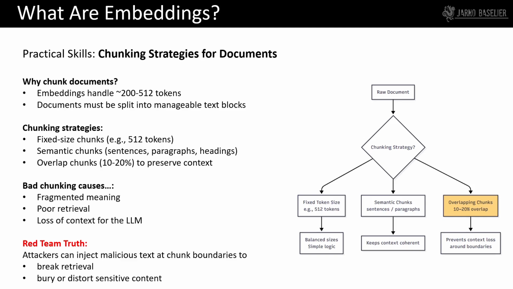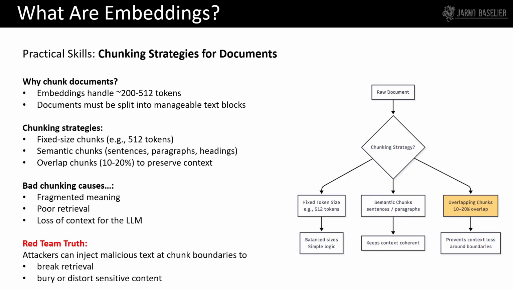There are different kinds of strategies: fixed size chunks, semantic chunks, and overlap chunks. Fixed size chunks are chunks of 512 tokens, or at least of a predefined set of tokens. Semantic chunks are chunks based on items in the documents, like paragraphs, headings, or sentences.